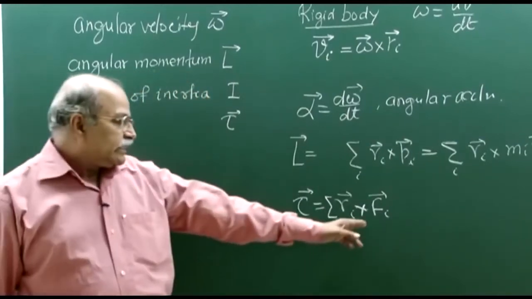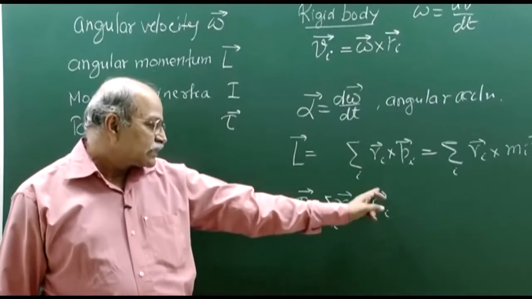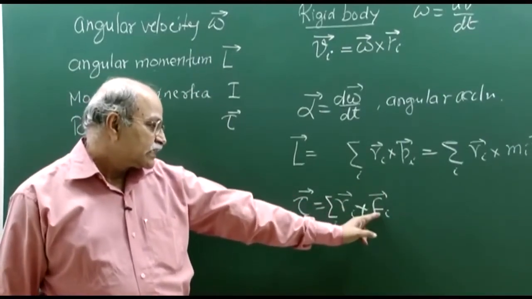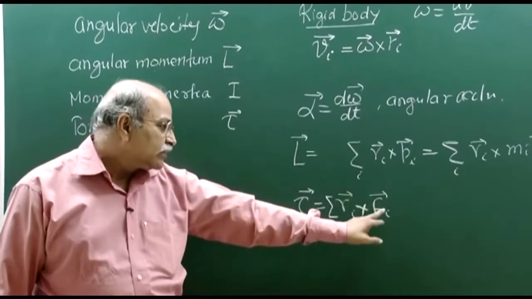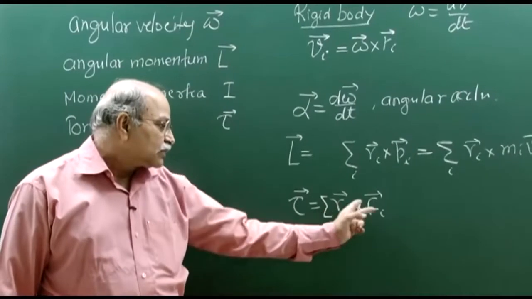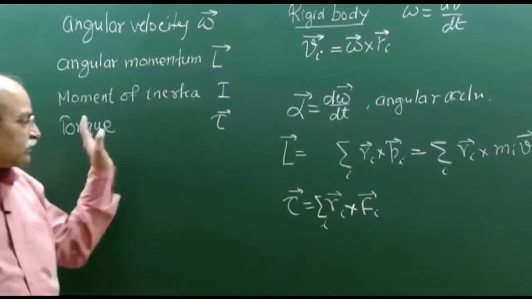So, essentially this i runs over the forces which are acting on the object, the external forces, and Ri is the position vector of the point where each force is acting.